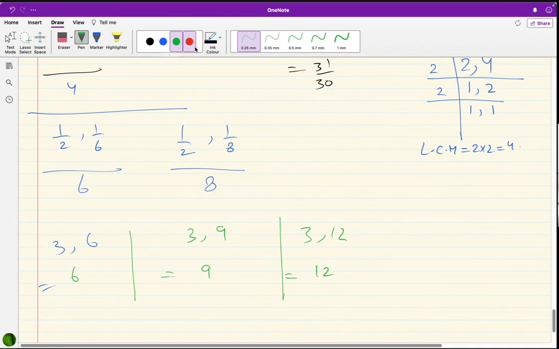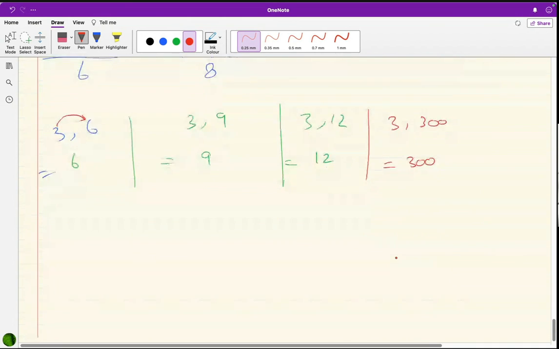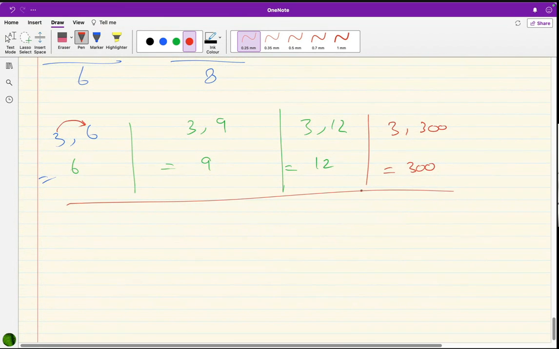Are you getting the sequence? Whenever we have a number which can be multiplied to get the larger number, that is the LCM. So if I have 3 and 300, the LCM would be 300. But when they do not go in each other, just like 2 and 3, we just multiply them to get 6, because they do not go with each other.